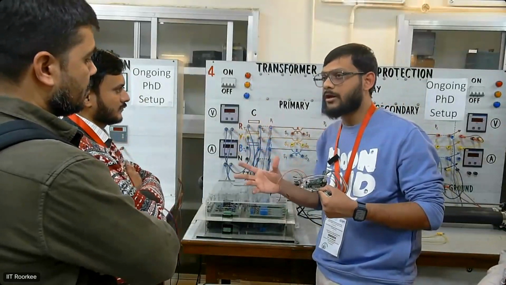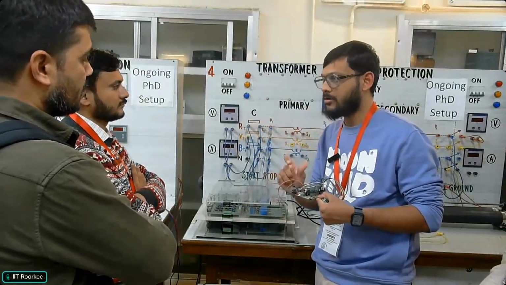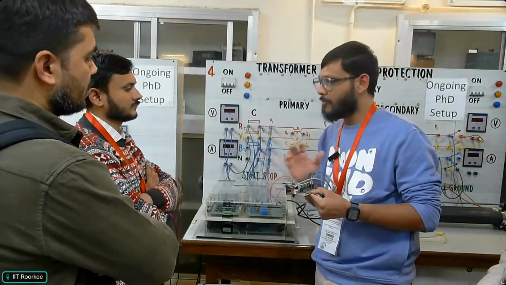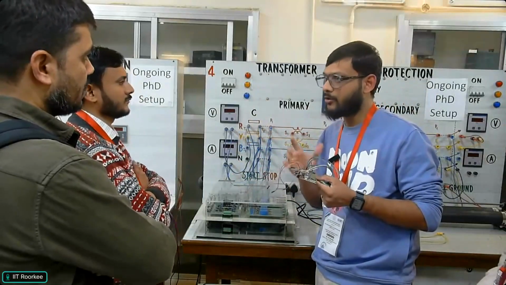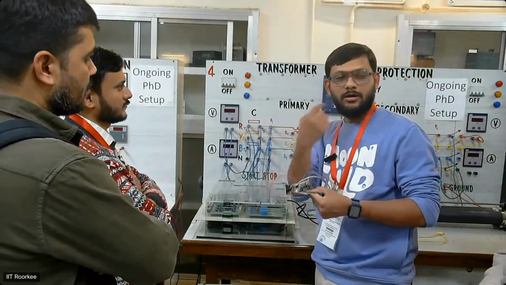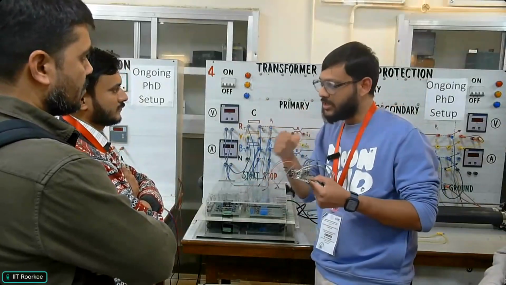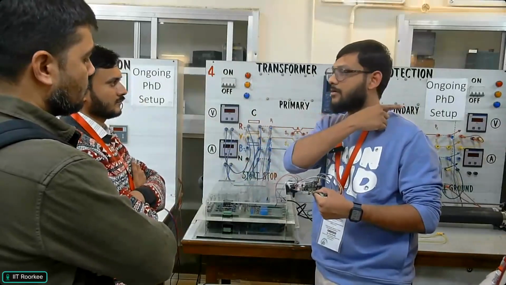So we use an auxiliary relay which can carry the circuit breaker trip coil current. Normally it is in an open state. As soon as this circuit gives the trip command, or a one signal from the GPIO, it changes the status of the auxiliary relay, and it energizes the trip coil of the circuit breaker.